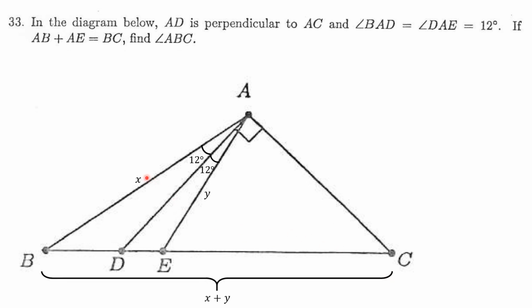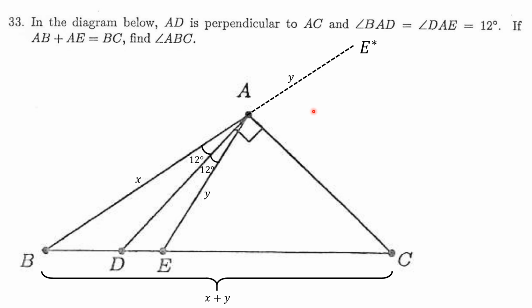So we have x here, we have y here, and here we have x plus y. So what I'm gonna do here, I'm gonna extend this line by an amount of y. So I have an additional line that extends from point A along the same line by length of y.